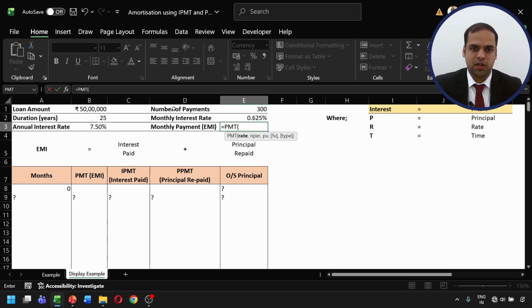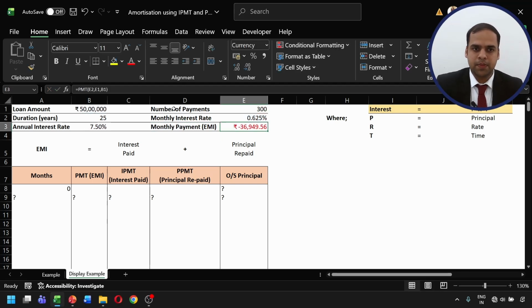It asks for the rate, which we use as the monthly interest rate, and the number of periods, which is 300. Then the present value, which is our loan amount, and we get our monthly payment EMI, which we will be paying over the 300 months or 25 years.